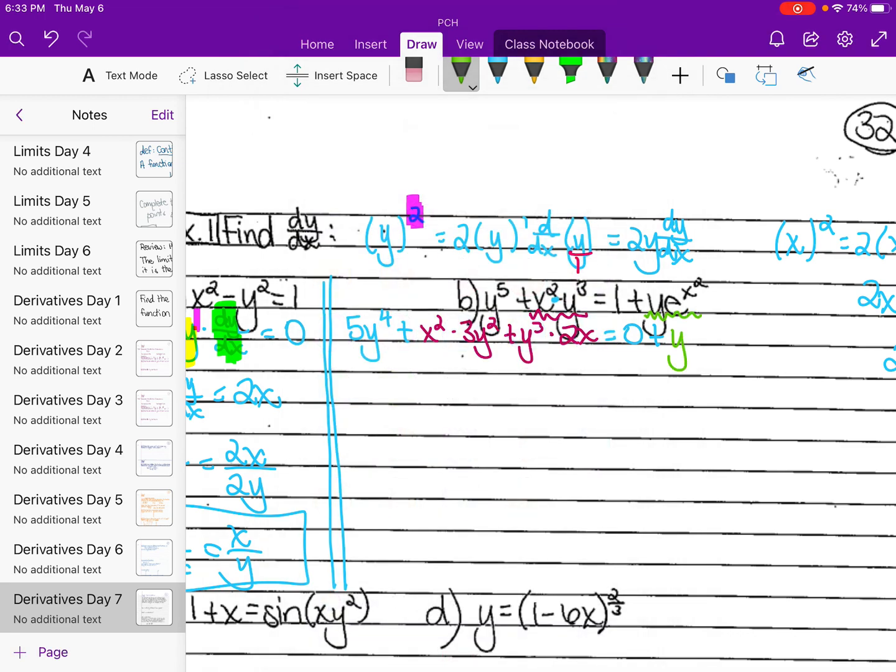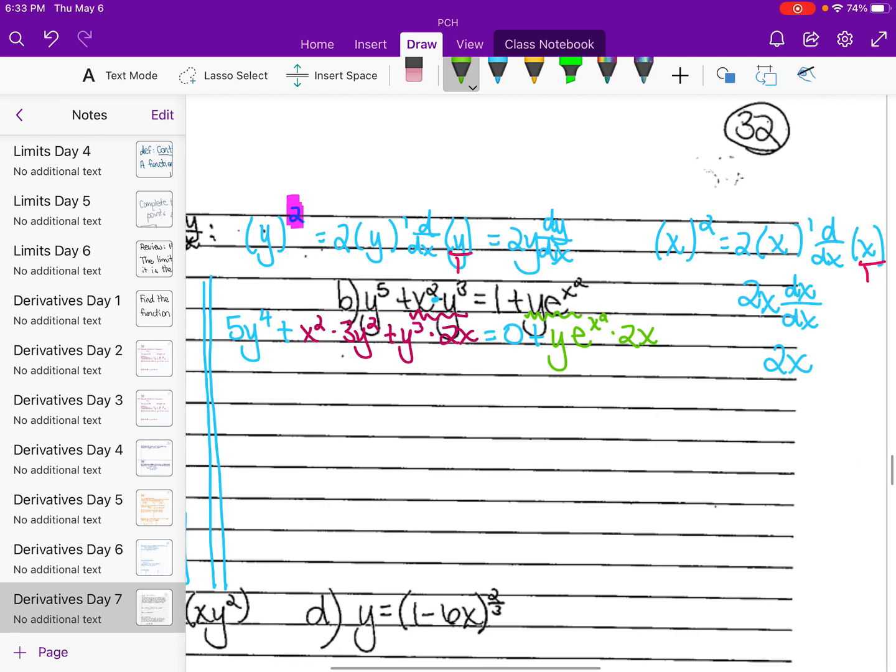Leave the first alone, derivative of the second using chain rule, right? So the derivative of e is e, leaving the x squared, which is the inside alone, and then multiplying by the derivative of the inside. Plus leave the second alone, derivative of the first. Well, if we're saying that x is the same as y, then the derivative of y is 1.